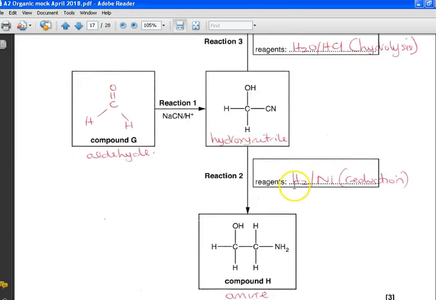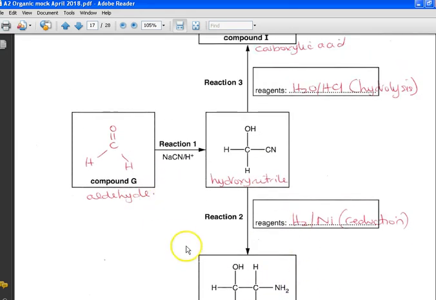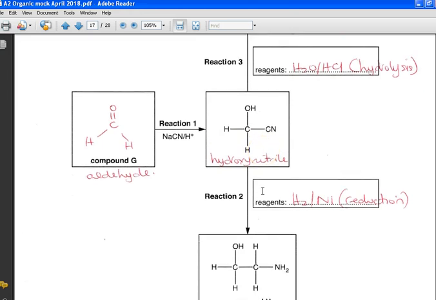This is a nitrile, and this is an amine. So how are we going to get to these different things? We need an aldehyde to start with, and if you look at the reagents here, sodium cyanide and H+ acid, that will form a hydroxynitrile.